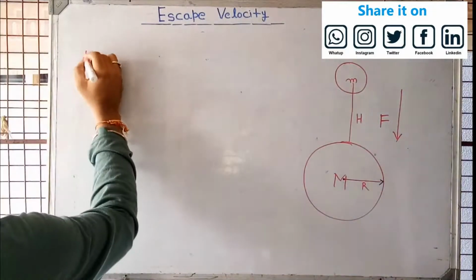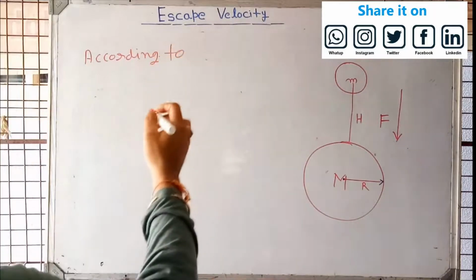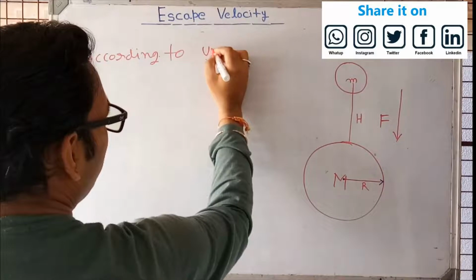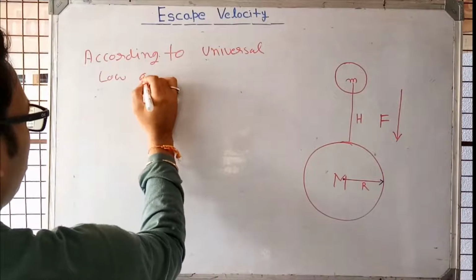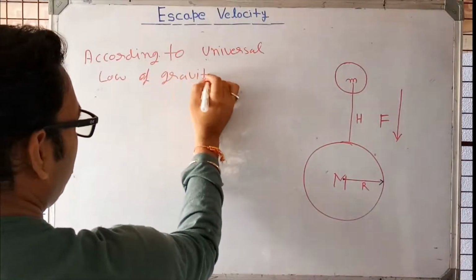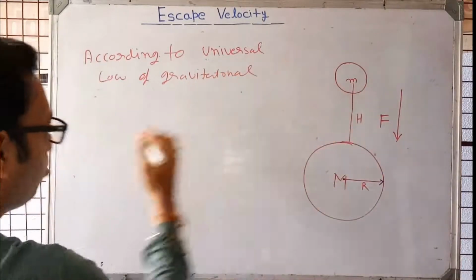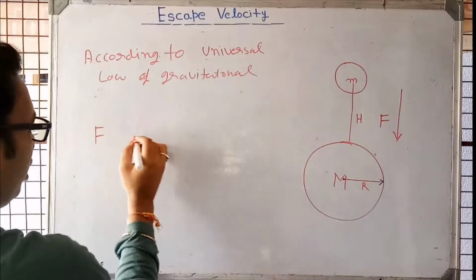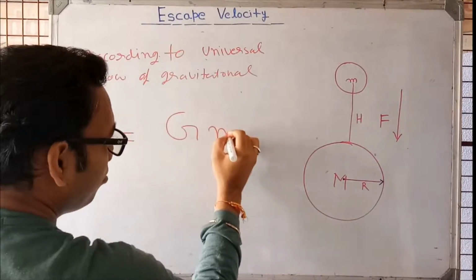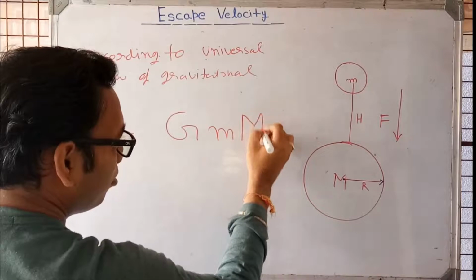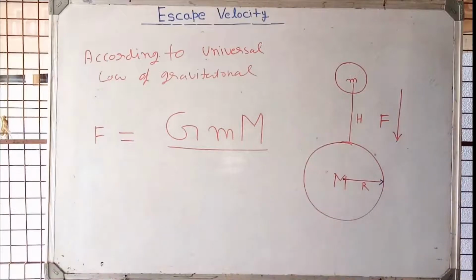According to the universal law of gravitation, the force between these two objects is equal to G small m capital M divided by the distance between these two objects.